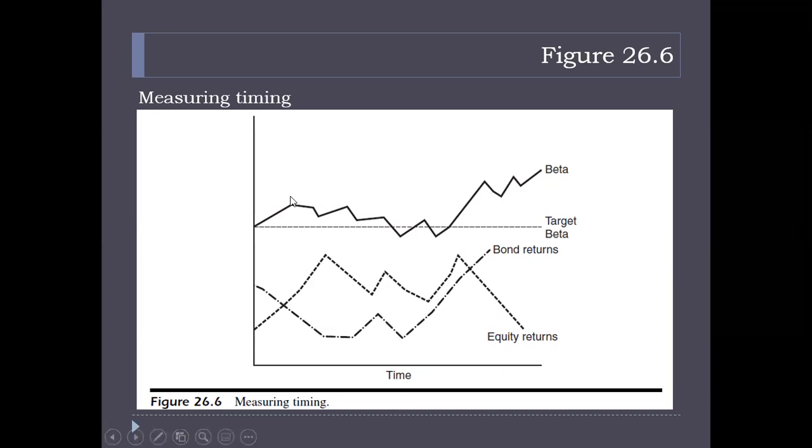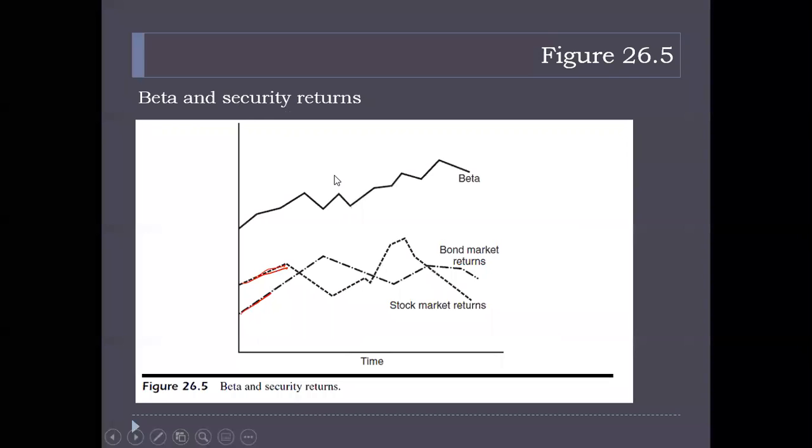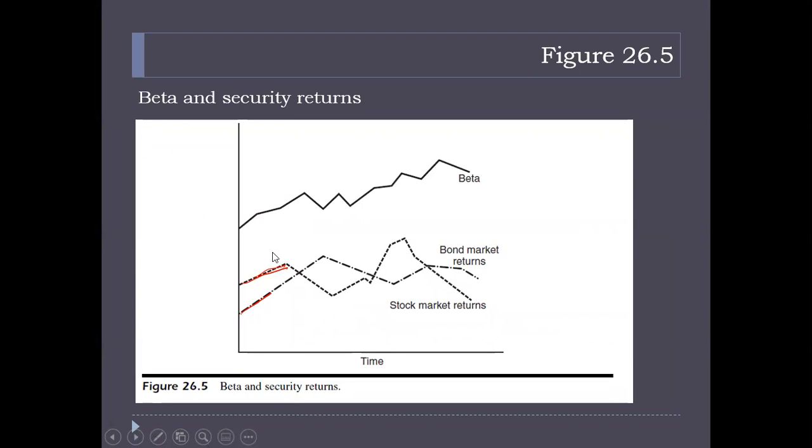The summary is that there should be a close relation between your portfolio beta and the market return when you are a good timer, and the opposite is true.